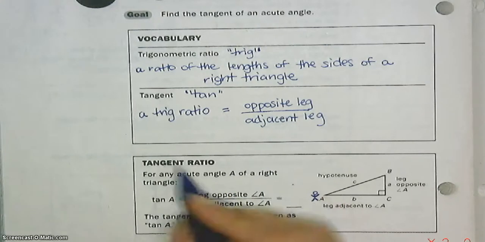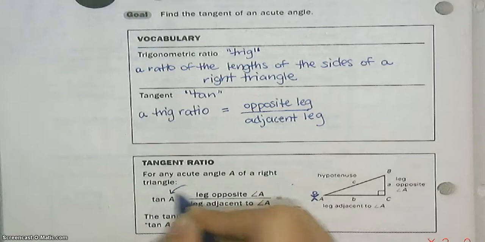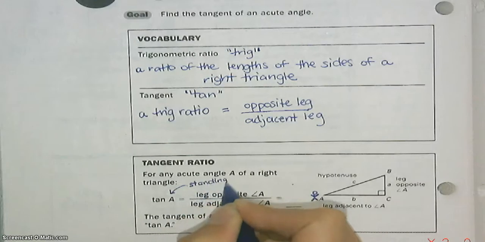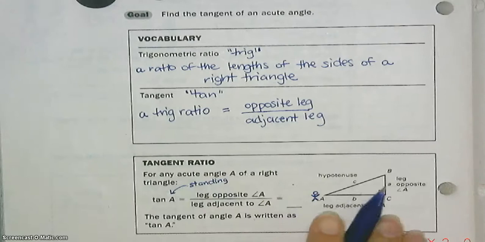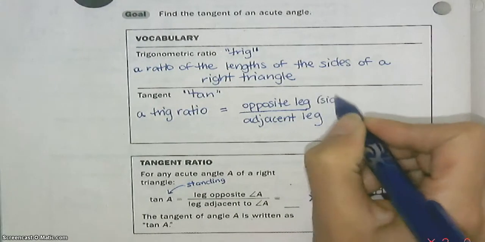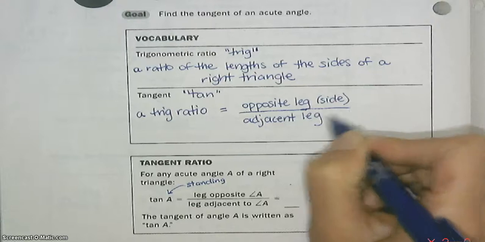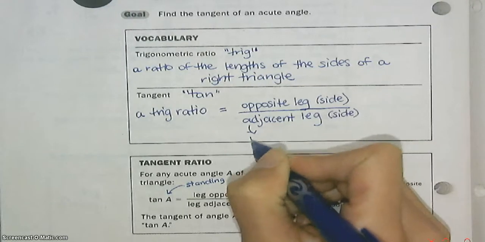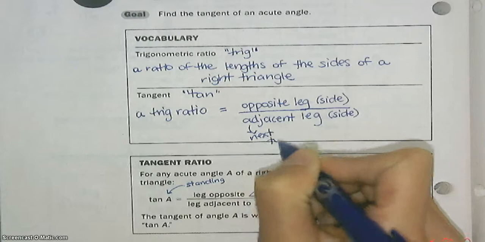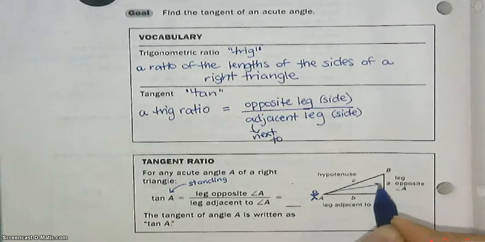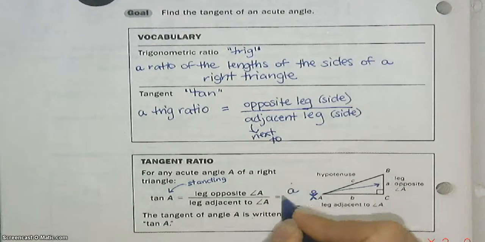Well, if we're standing at A, this is where we're standing, the opposite leg, the opposite side, right? Think of a leg as a side. And the adjacent, remember, adjacent means next to. So opposite of us is little a.